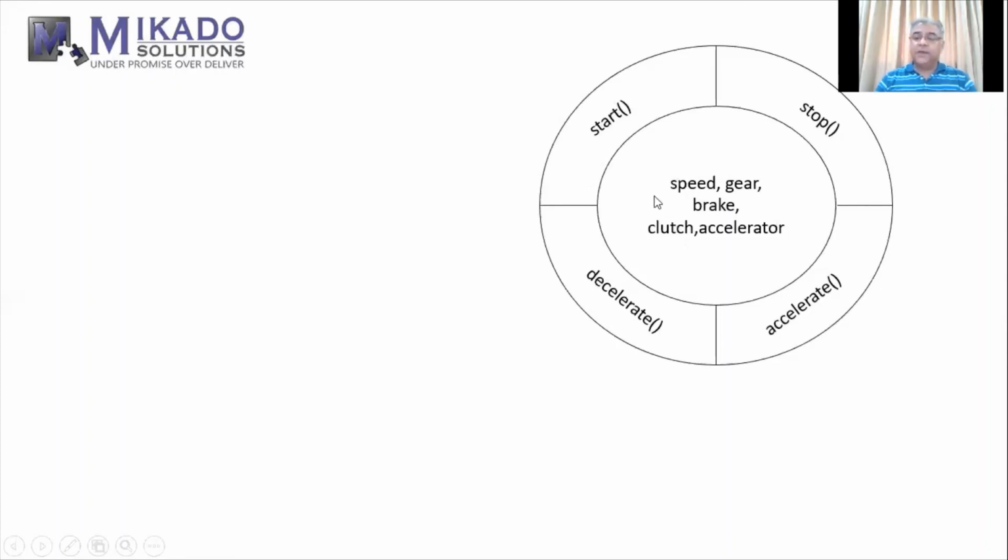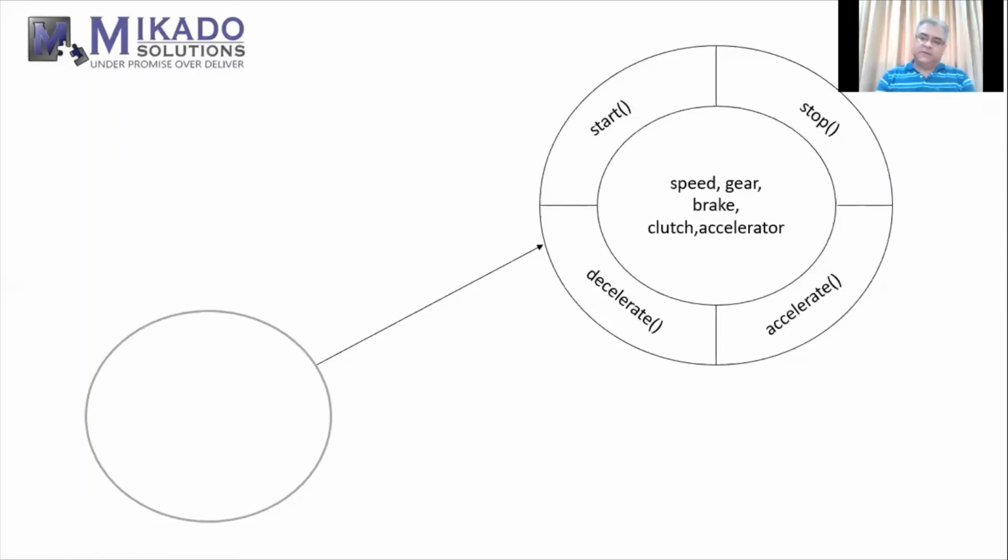You know what we say? The data is secured within the secured custody of methods. If any other object wants to access the data, it has to go through these methods, through this interface. Then only can it access the data. So this is how an object is represented graphically.